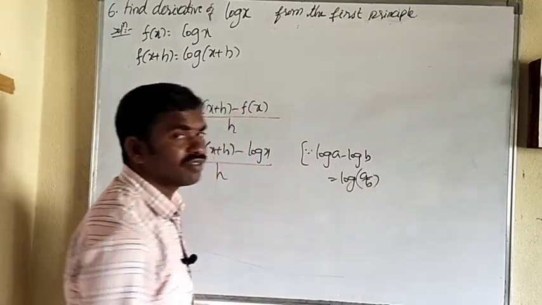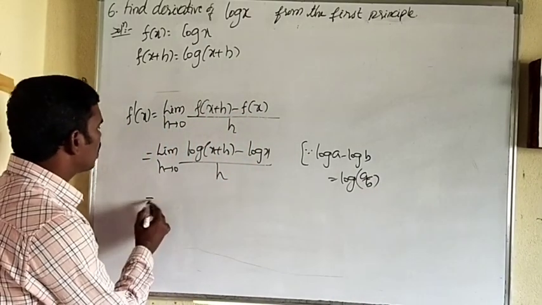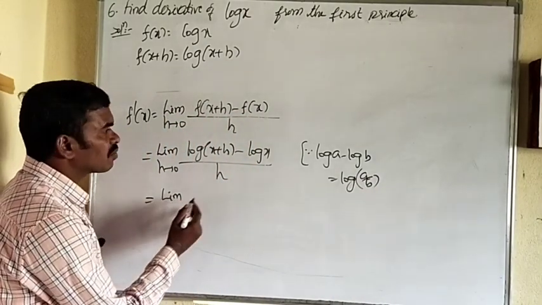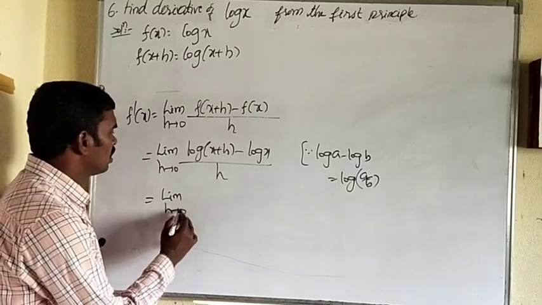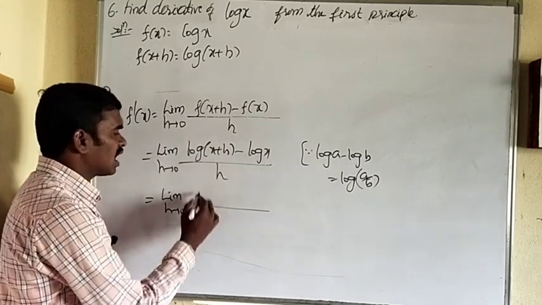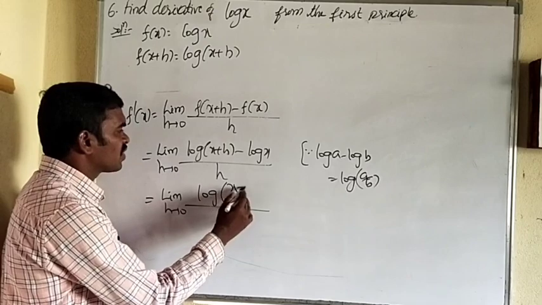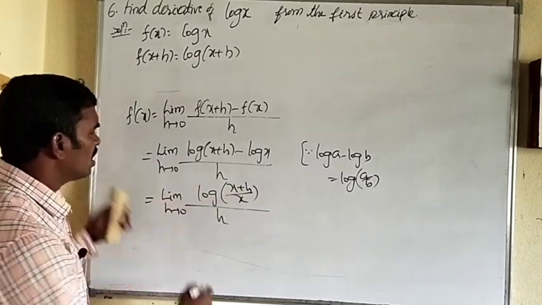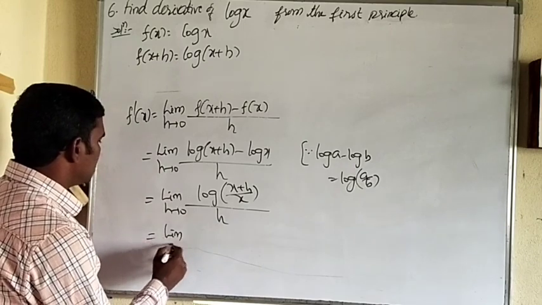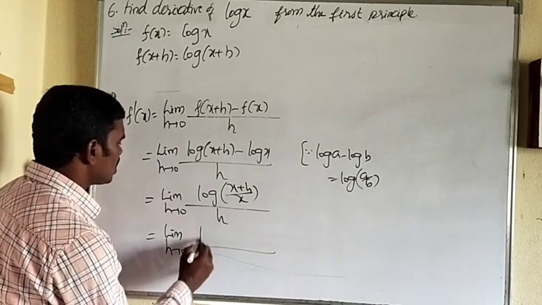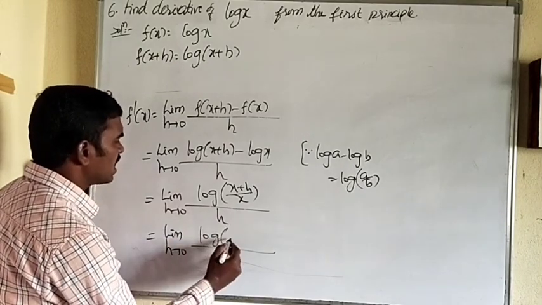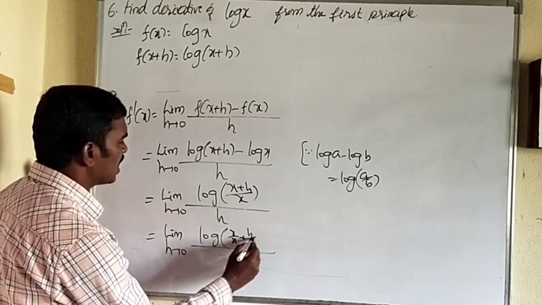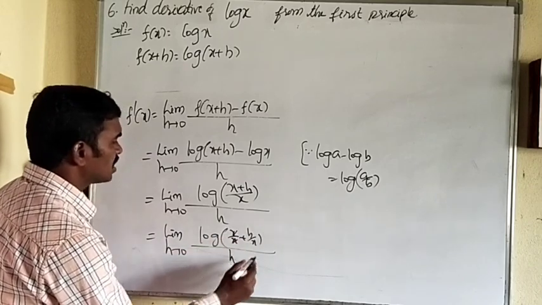Okay, we can write a formula, that is our wish. According to that, log a minus log b is log of a by b. So log of x plus h minus log x can be written as log of (x plus h) by x, divided by h as it is. So limit h tends to 0 of log of (x plus h) by x, by h.